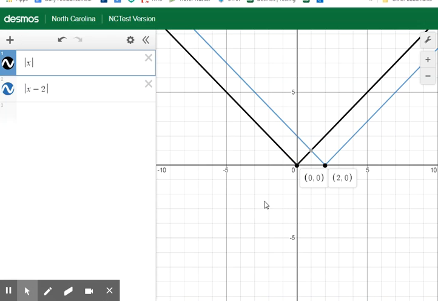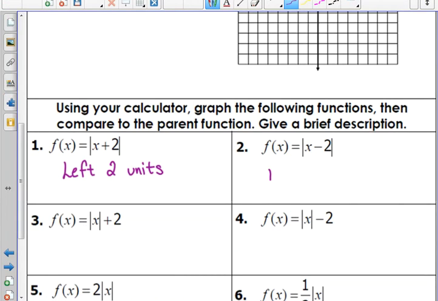That's something I suggest you do as well if you're trying to figure out what these transformations are doing. Find a key point in the graph. If there's a vertex, use the vertex. That makes it really easy. Actually compare the original point to the transformation point, and you can see very clearly that yes, it does go right 2 units.